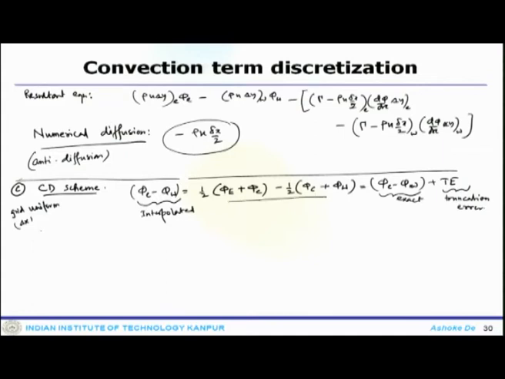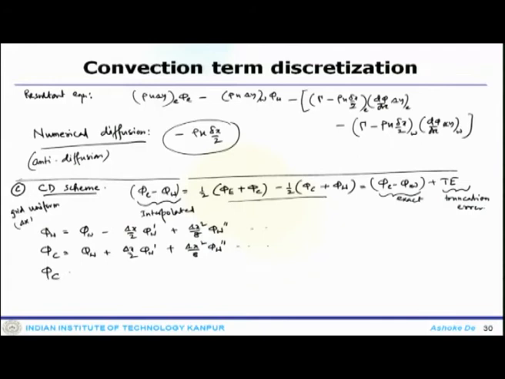So, the first one we get: phi w is phi at small w, or face w, minus del x by 2 phi w prime plus del x square by 8 phi w double prime and so on. Now, phi c equals phi w plus del x by 2 phi w prime plus del x square by 8 phi w double prime and so on.